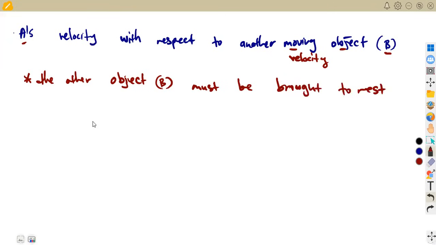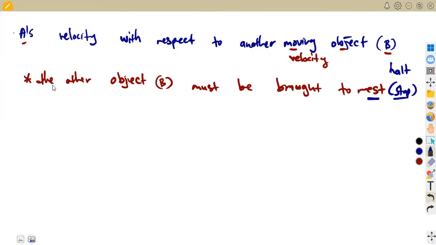If an object is moving and is now brought to rest, it means there is no longer any movement; the object has stopped. So this object must stop, or the object is on hold, meaning it has stopped.